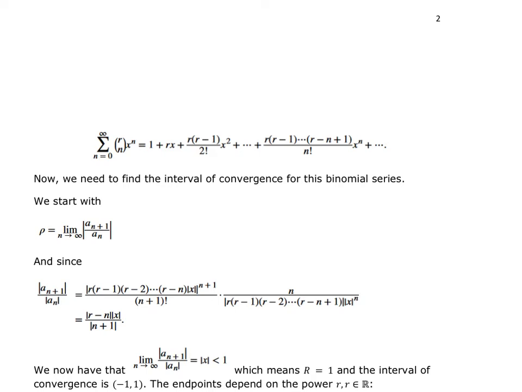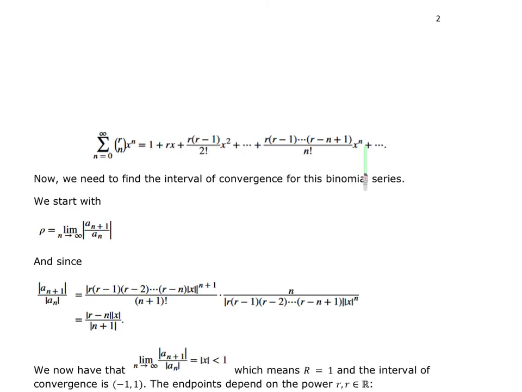So we get the summation of n equals 0 to infinity of r choose n times x raised to the n, which is equal to 1 plus r times x, plus r times r minus 1 divided by 2 factorial times x squared, all the way down to some term that is r times r minus 1, up to r minus n plus 1, over n factorial, times x raised to the n.